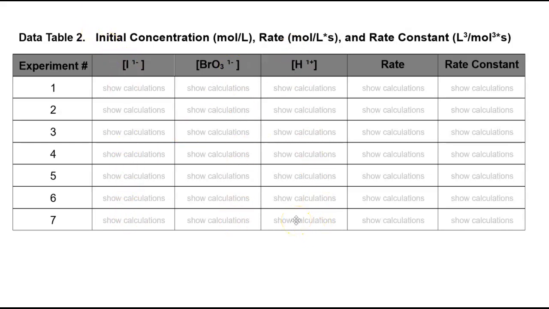Be very careful you're putting the correct answers in the correct columns, matching up iodine with its 7 from your page 7, bromate with its 7, and hydrogen ion with its 7. The rates here also can be put in. These come from the work that you did on page 6. So bring those over also, and then we'll have this to fill in later.